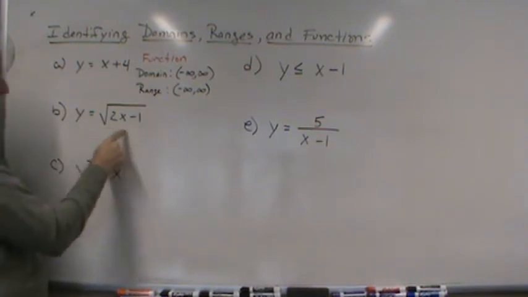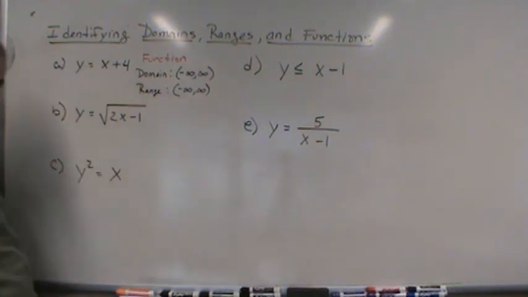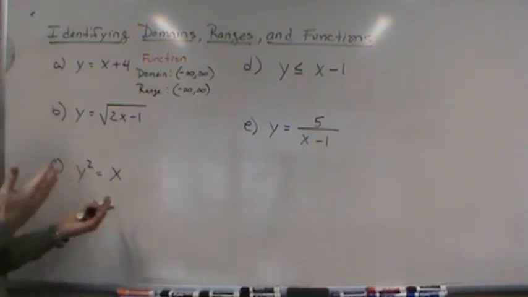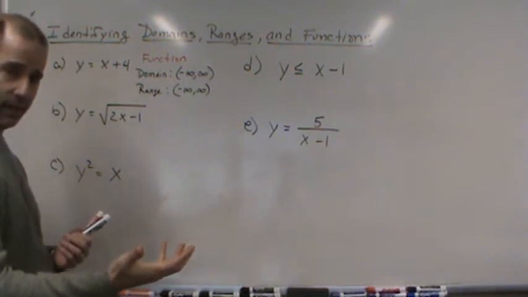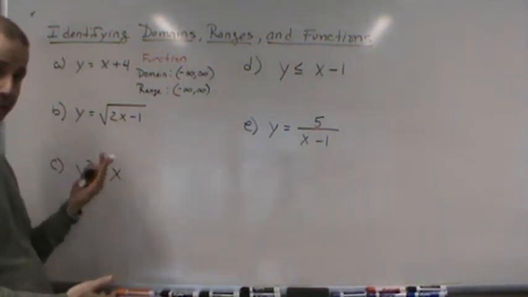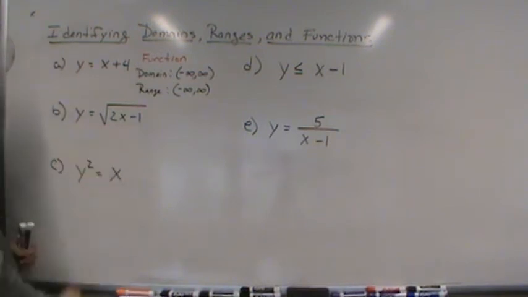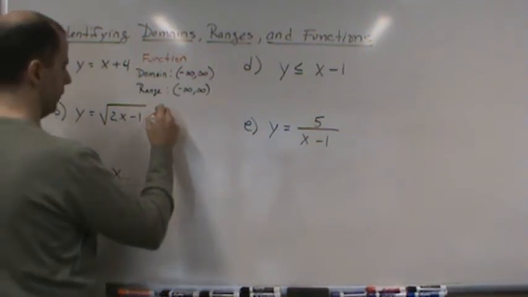One of the things we have to look at is that we can't have negative numbers under the radical, but that's part of the next question on the domain. All we care about now is whether there is a correspondence where for every value of x we stick in, we only get exactly one value of y. And the answer is yes. This is a function.